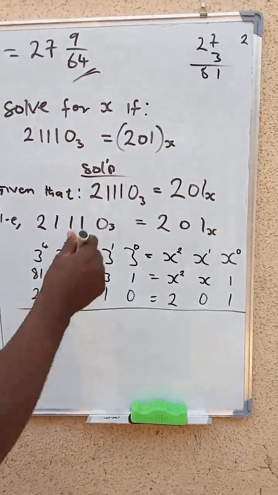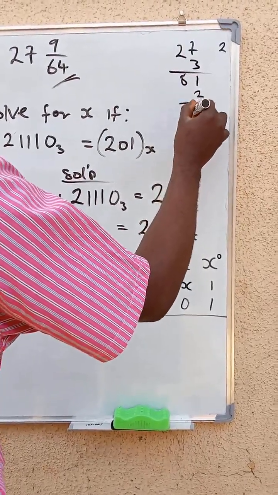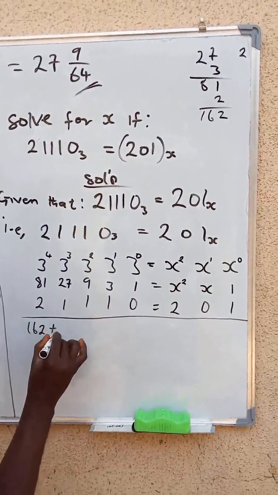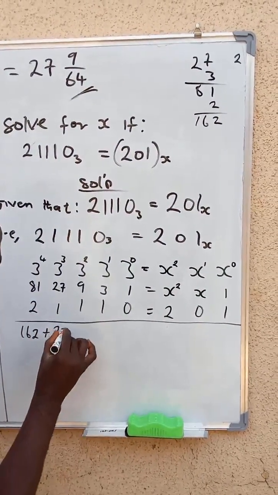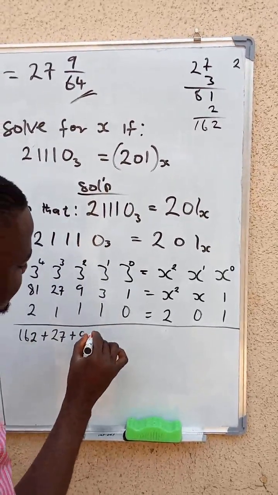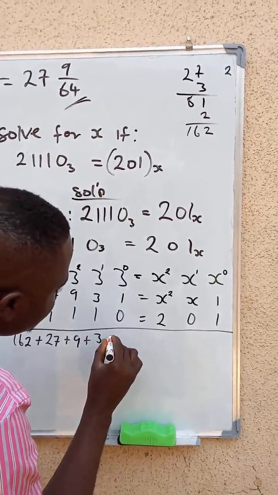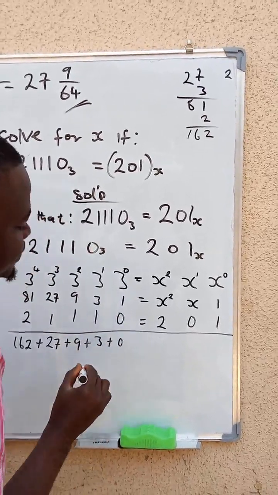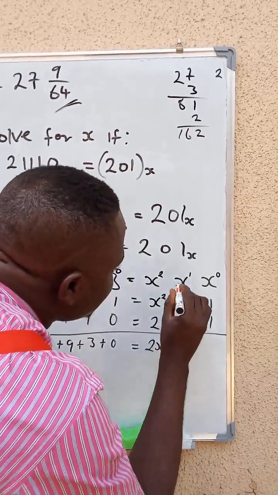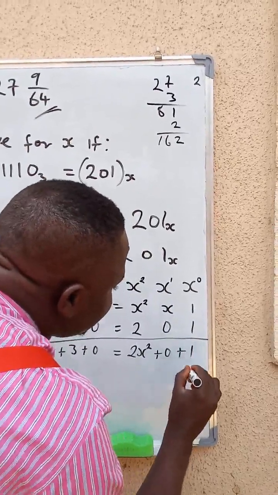This place, 2 times 81 is 162, plus 1 times 27, plus 1 times 9, plus 1 times 3, plus 0 times 1, which is 0. The same thing as 2 times x squared is 2x squared, 0 times x is plus 0, and 1 times 1 is 1.